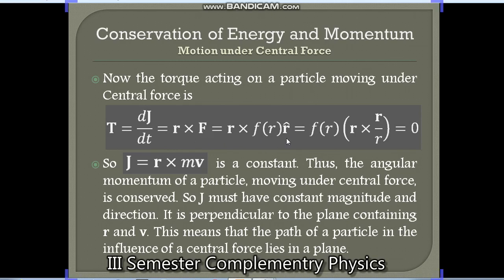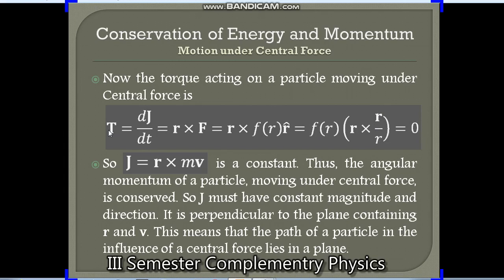It can be written as f(r) times r cap. Now this f(r) is a scalar function, so it is not operated with the cross product. So we can take f(r) out, then the remaining will be r cross r cap. Now r cap is actually vector r by magnitude of r. Now r cross r is 0 because r cross r is r into sin 0. So it will be equal to 0.